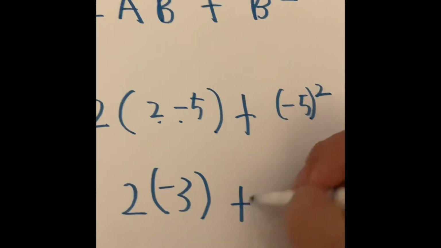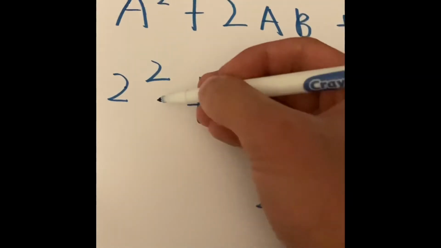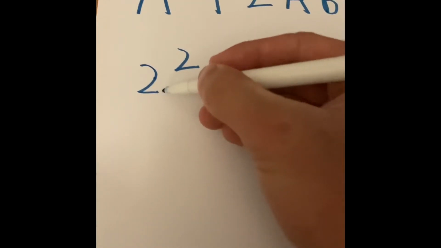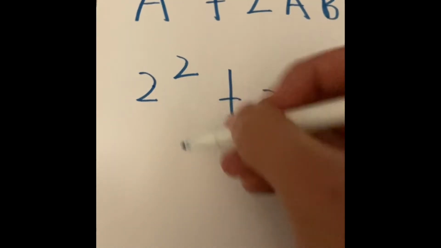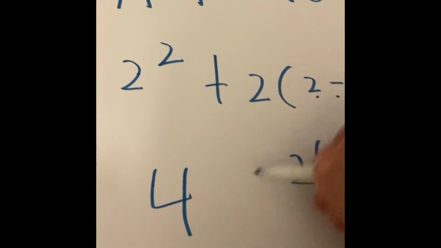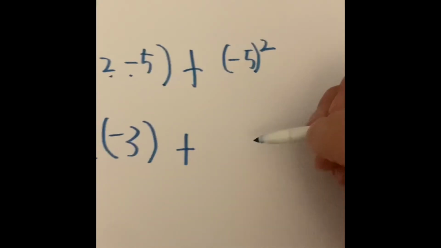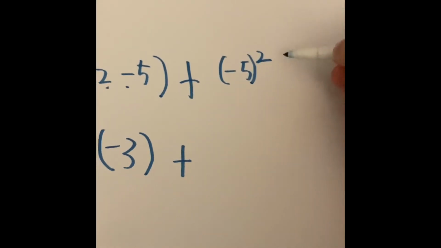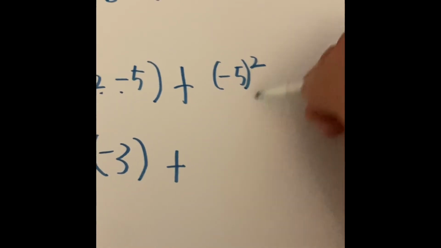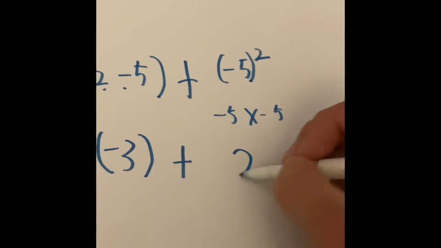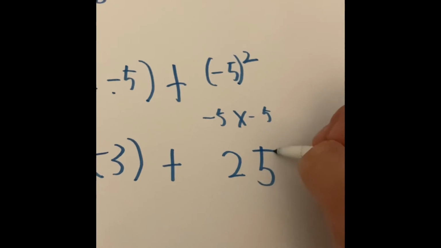After that, we still have the exponents to deal with. Let's start with 2 squared. 2 multiplied by 2, or 2 squared, is 4. So 4 plus 2 multiplied by negative 3 plus negative 5 squared. Negative 5 multiplied by negative 5 is a positive 25.